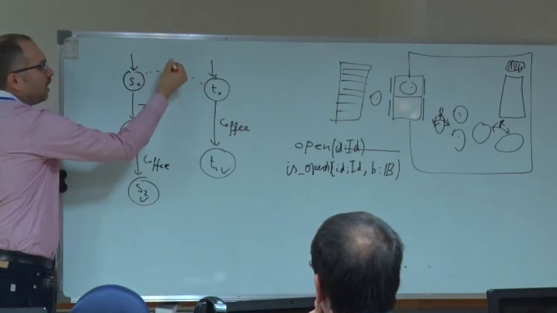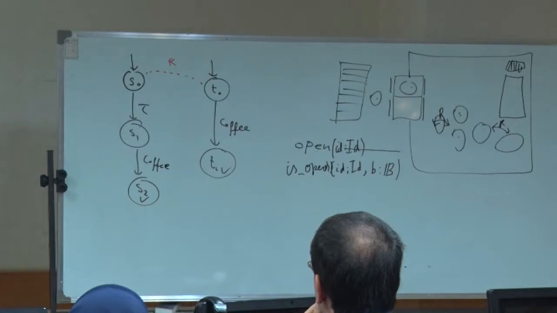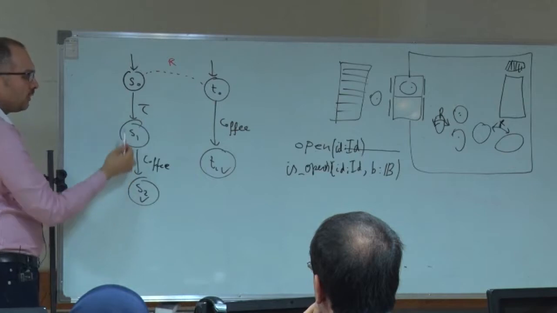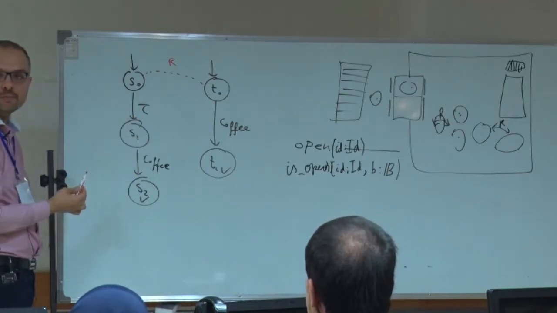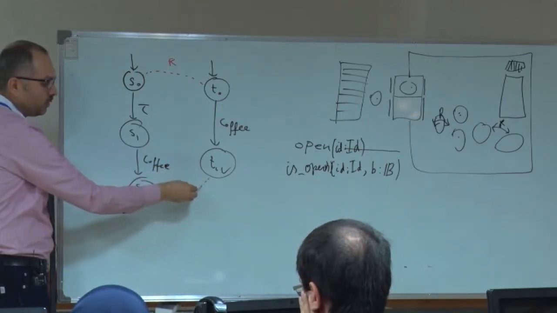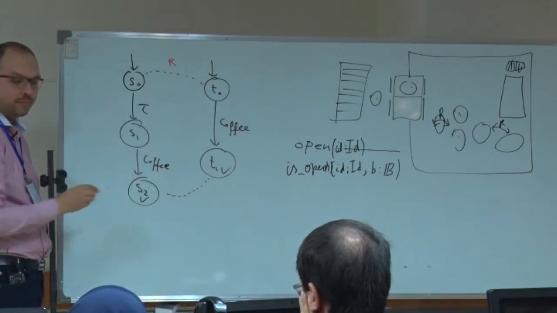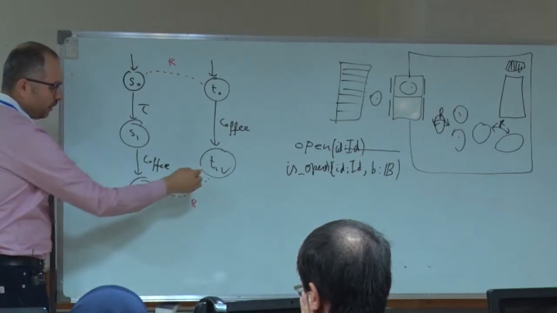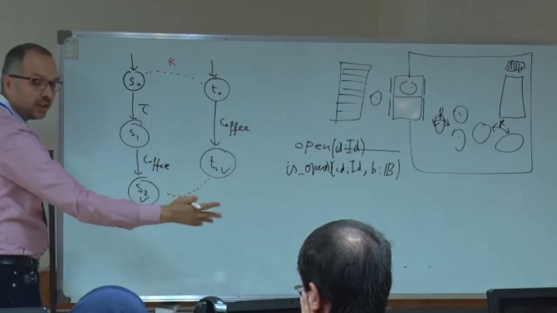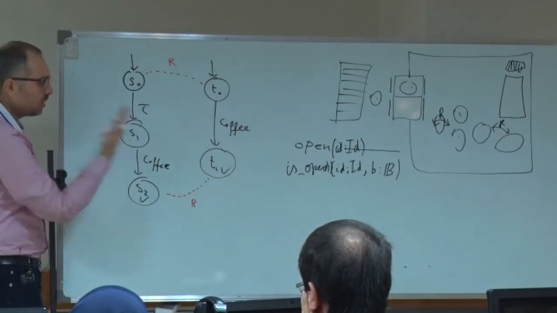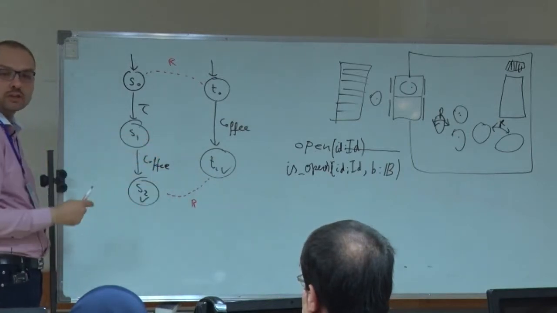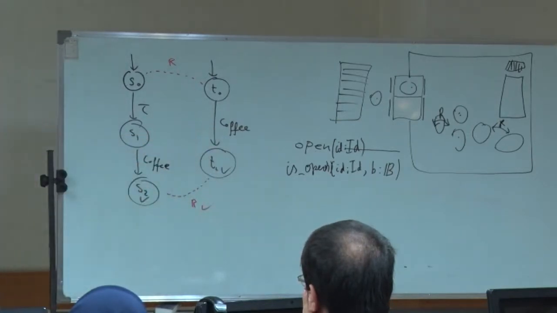So there should be a relation R that relates the initial states. I take a coffee on this side. The only way for this one to mimic the coffee is to do a tau followed by coffee, and the bisimulation transfer condition requires me to relate these two. In order for these two to be related, if one affords a transition, the other one should be able to mimic it weakly by doing a number of taus followed by that transition, but that's not the case. If one terminates, the other one should weakly terminate, but this also strongly terminates, so this is fine. These two are related.